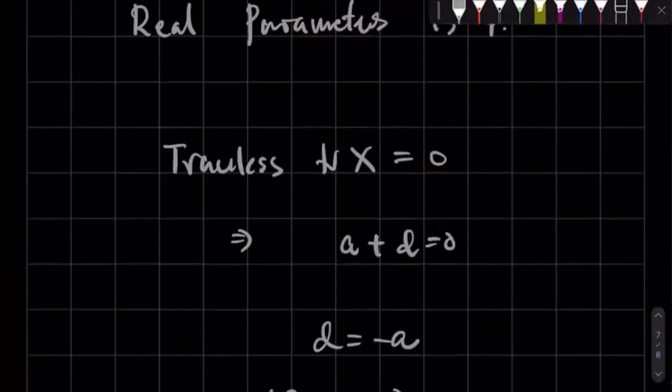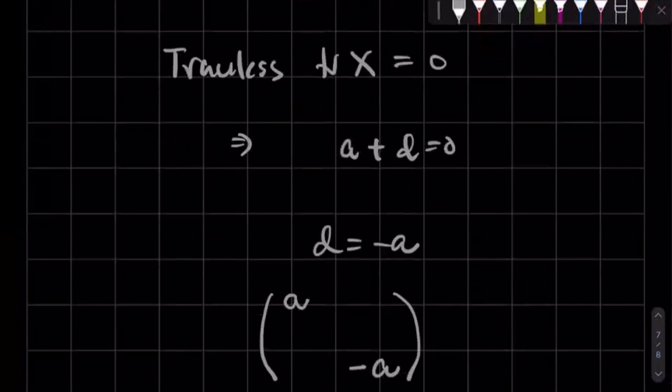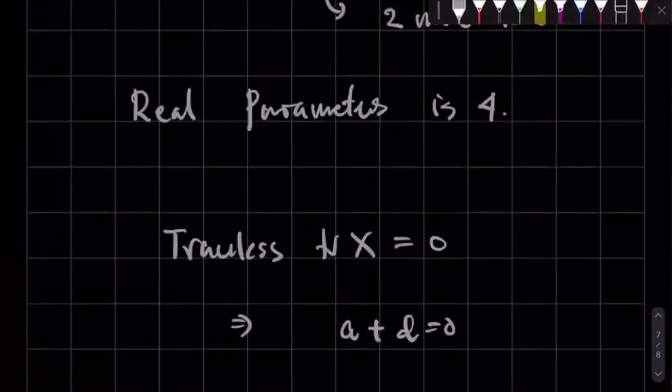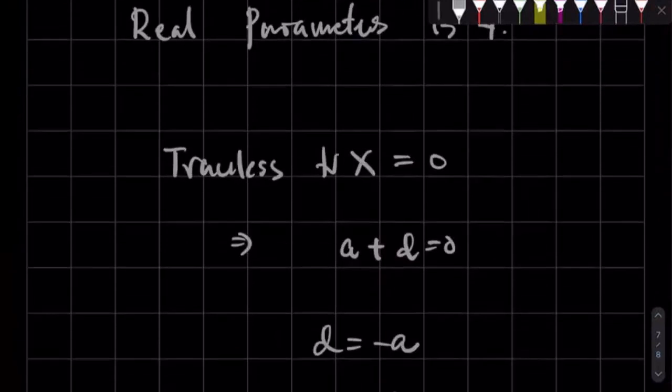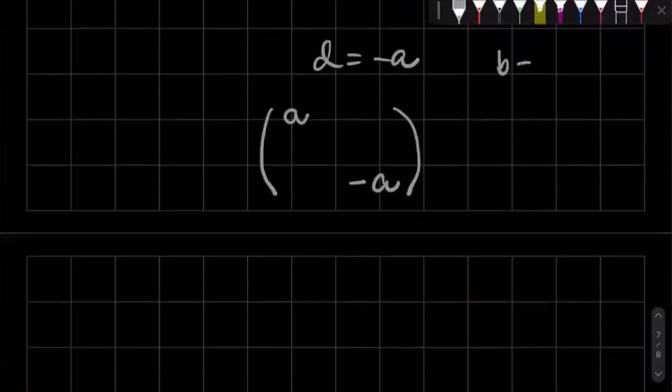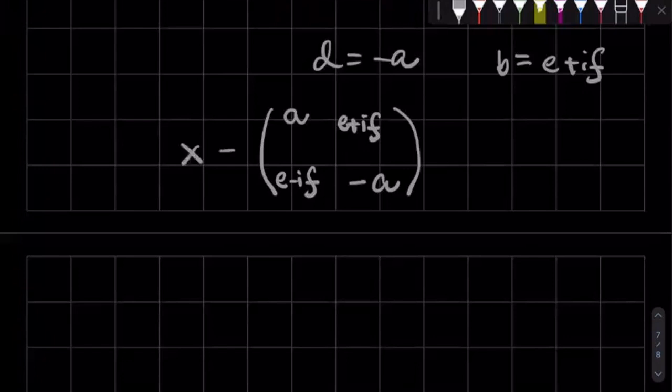Let's write B in terms of 2 real things, B equals E plus i F. But C must be the complex conjugate of this, so here we have E minus i F. So this is the most general Hermitian traceless matrix.